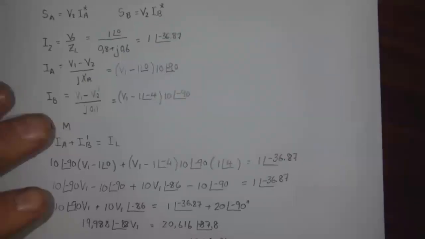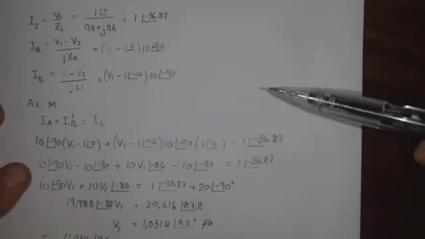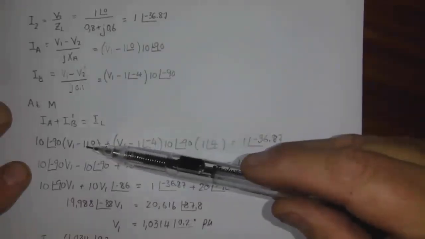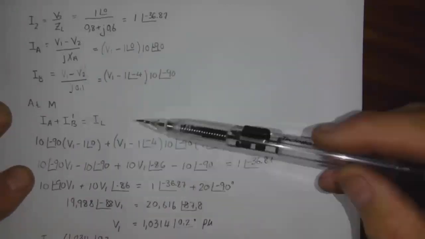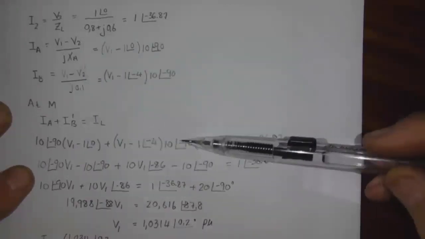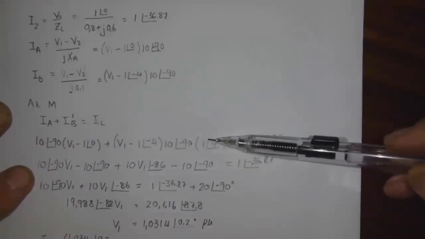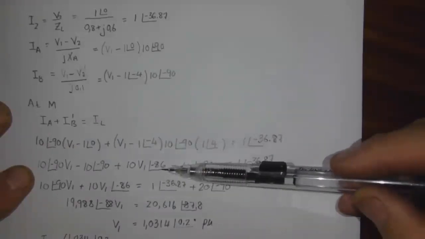So if we now write our equations down and we simplify, we get 10 angle minus 90 V1 minus 10 angle minus 90 times 1, plus V1 times 10 angle minus 90 times 1 angle 4. That means we have 10 V1 angle minus 86.